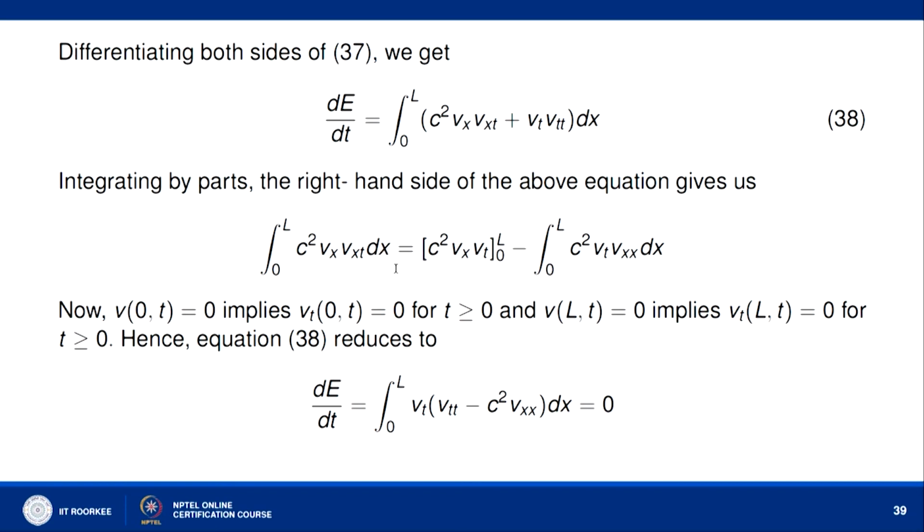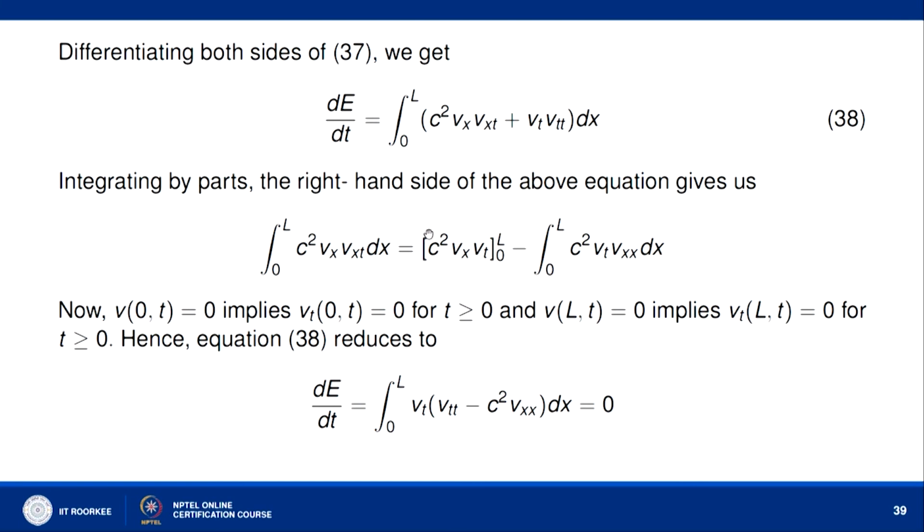We take vx as first and vxt as second, so we will get c square vx vt between 0 to l minus integral from 0 to l of c square vt vxx dx, integrating vxt and differentiating vx.